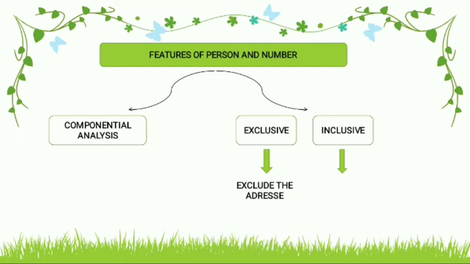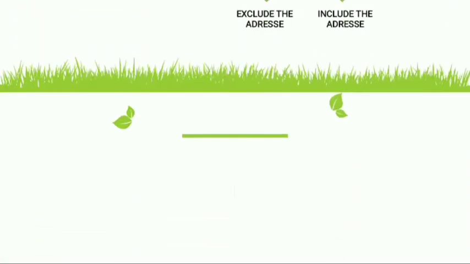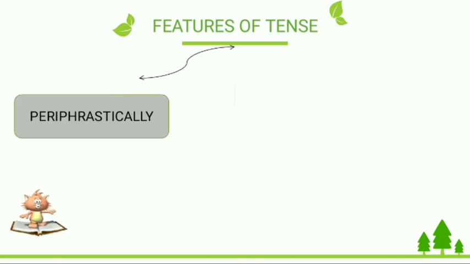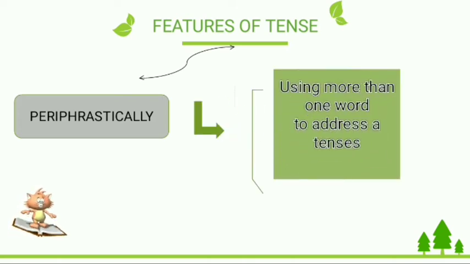Exclusive means that we exclude the addressee, and inclusive means that we include the addressee. Okay, and then next, about features of tense. There is periphrastic, which means using more than one word to express a tense.